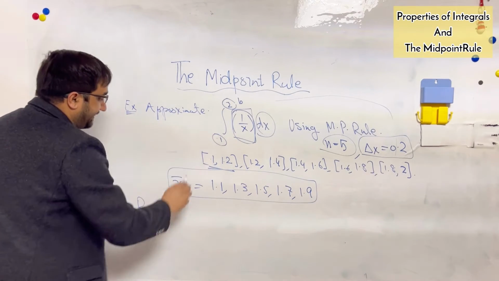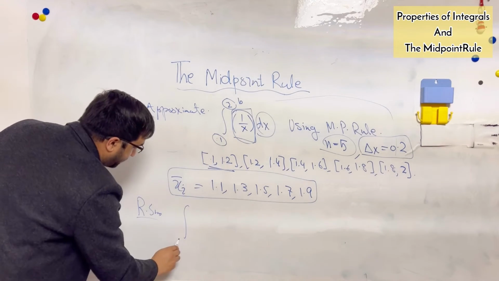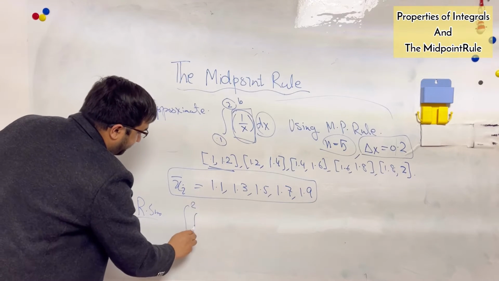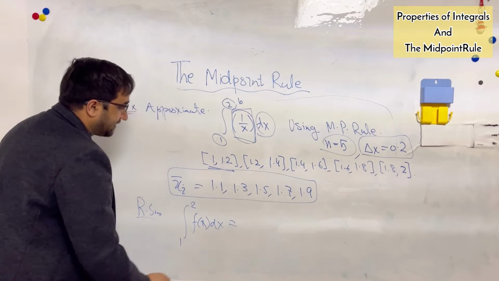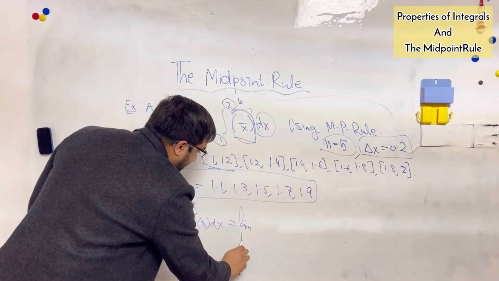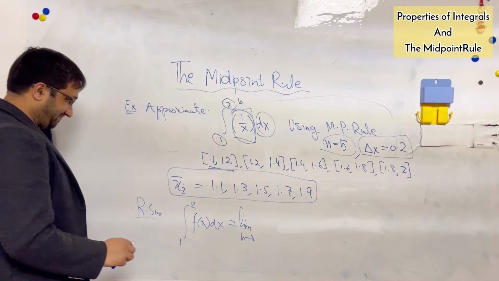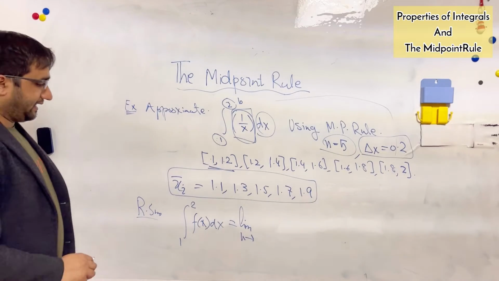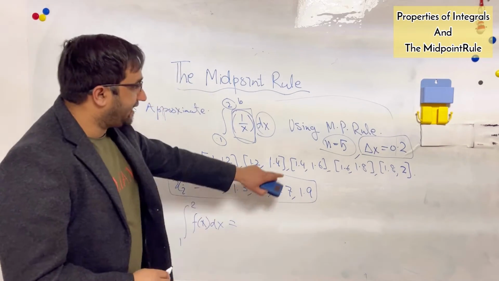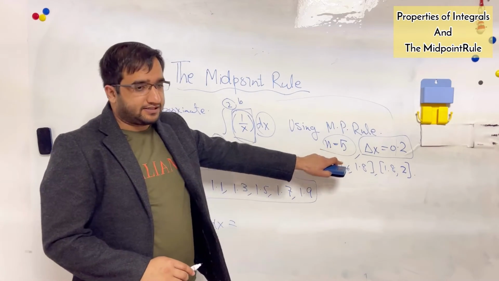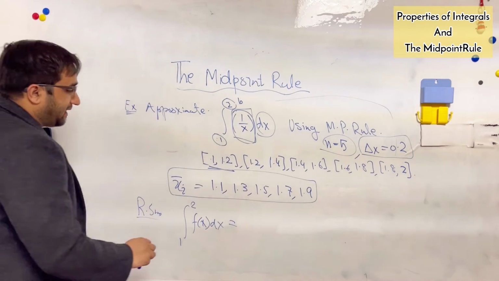So I can say the integral from 1 to 2 of f of x dx is equal to what? The limit as n approaches infinity. In this case, since we have a definite number for n, we are not applying the limit.